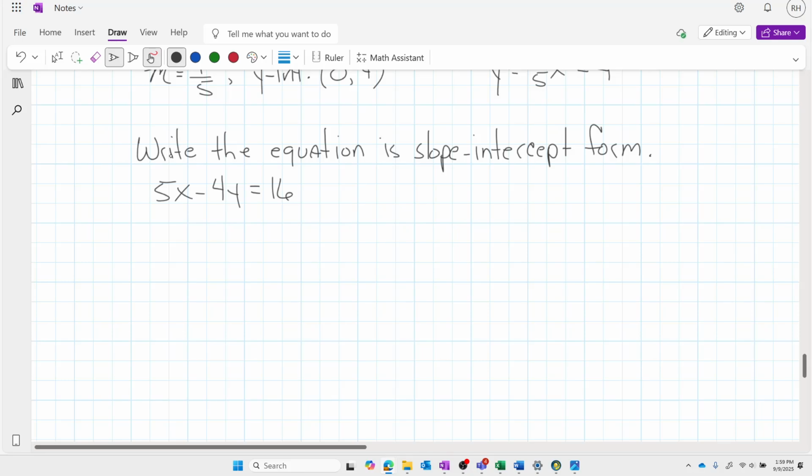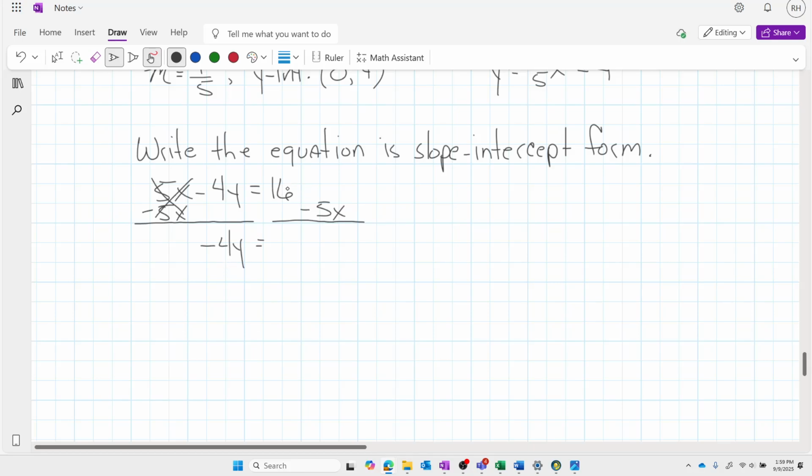When you're asked to write the equation in slope-intercept form, you're really solving for y. So subtract 5x from each side. Now pay attention to this step. The 5x's cancel. This negative sign stays with the 4, so a minus 4y falls down.